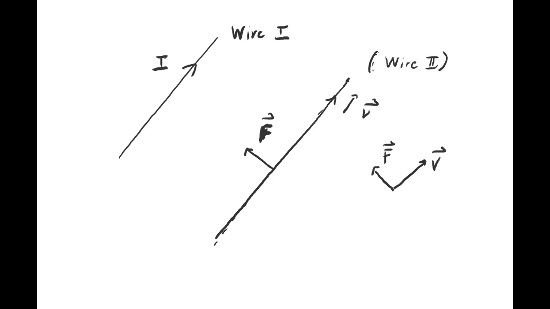So clearly, something is going on in this problem. The particles or electrons moving in wire 2 don't see a force that's in the same direction as V. They see a force that's perpendicular, at least, to V.